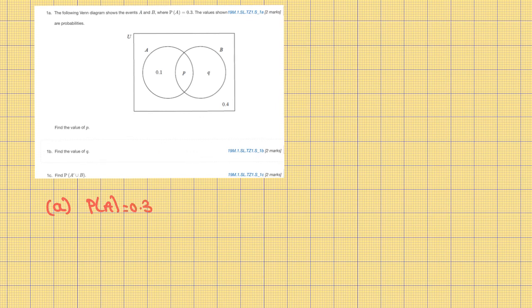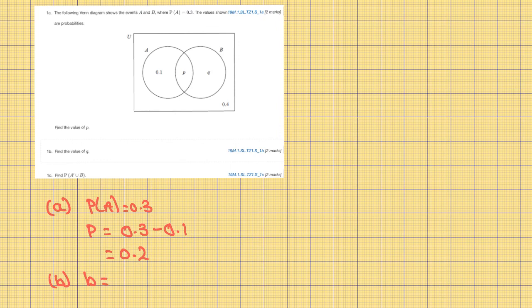So that means everything in A is equal to 0.3. So the probability of P is equal to 0.3 minus 0.1, which equals 0.2.